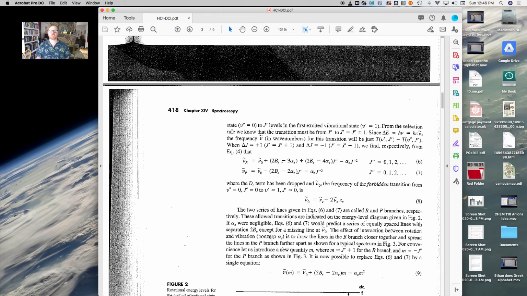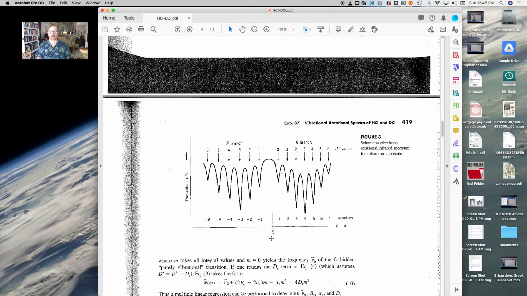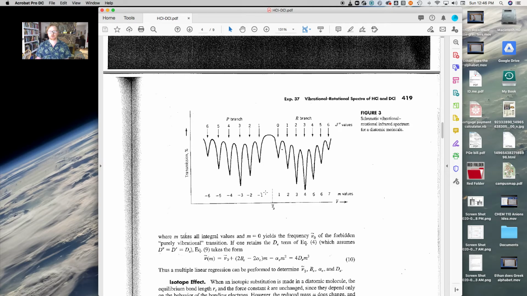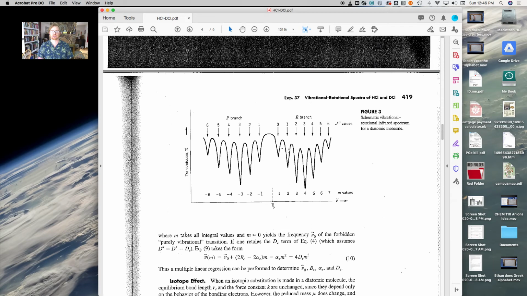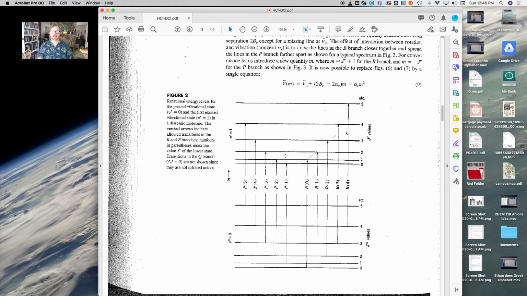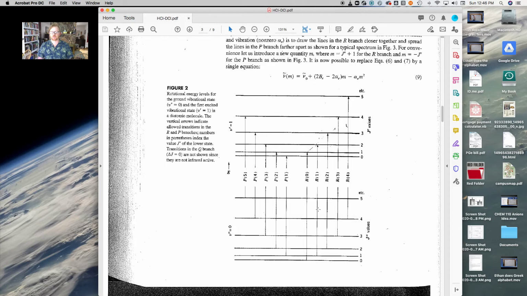But what you're actually going to be doing for this, as we scroll down here, again, it shows you the nice P branch, Q branch, and R branch. They have what are called the M values. And you notice here the way this works, they're giving you what's referred to as the J double prime values. The J double prime values are the values that originate from the ground state, and the J prime values are in the new excited state.